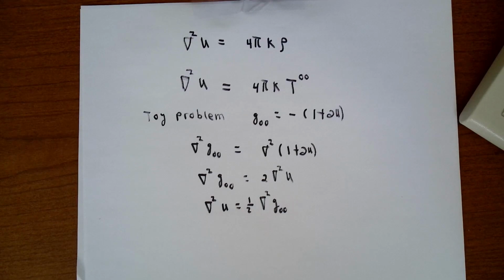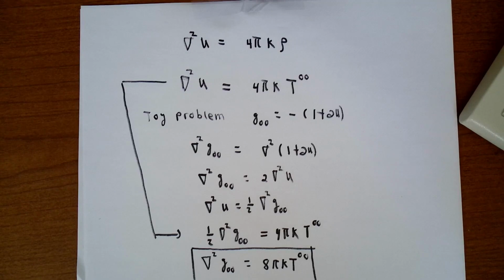If you calculate the Laplacian of this, you'll find out that the Laplacian of G_00 in the downstairs position must be 2 times the Laplacian of the gravitational potential, which of course means that the gravitational potential is 1/2 G_00. Combining these facts, the dust begins to settle, if you'll pardon the expression.